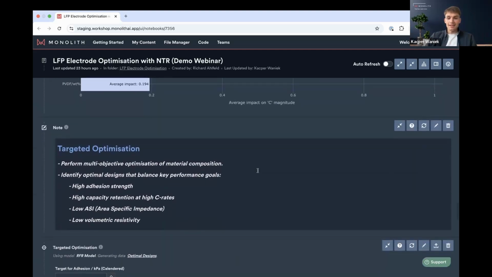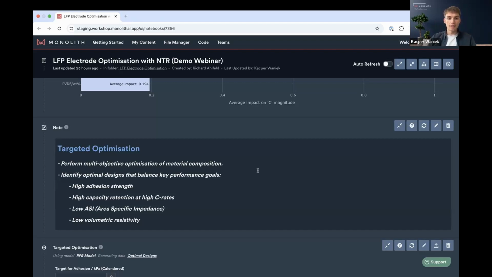Now comes the exciting bit, and this is where we put the model to work with targeted optimization. Using Monolith, we can run a multi-objective optimization to search for the material compositions that balance several competing performance targets.